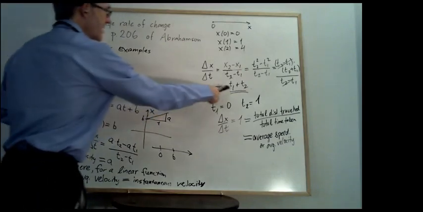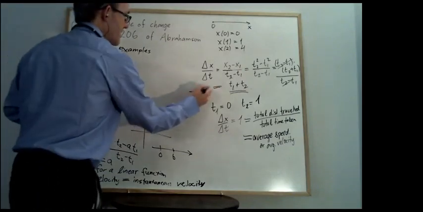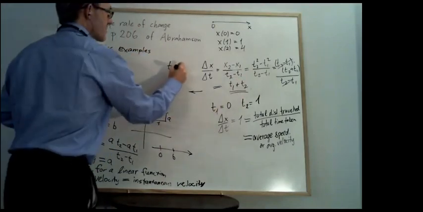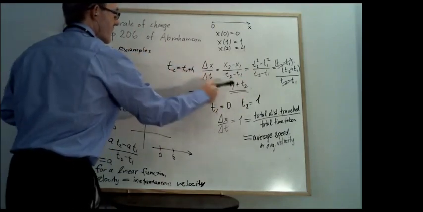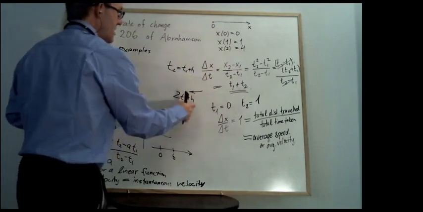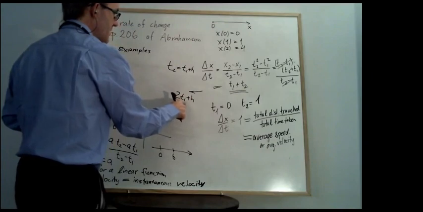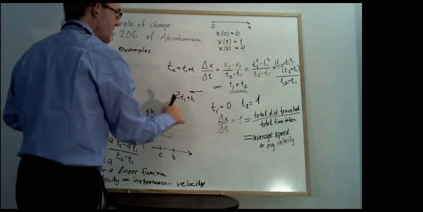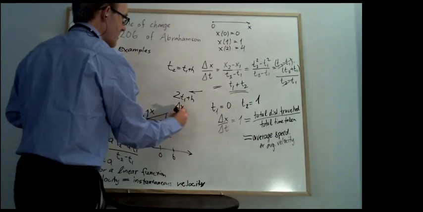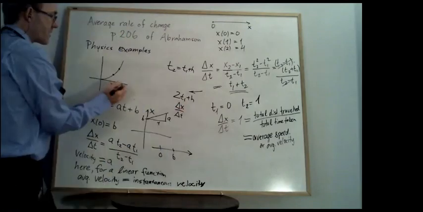So in this case, t2 is t1 plus h, so I'll get 2t1 plus h. And when I take h going to 0, that gives me 2t1. I call that the instantaneous velocity because the interval is going to 0.